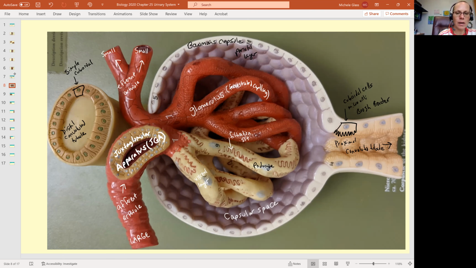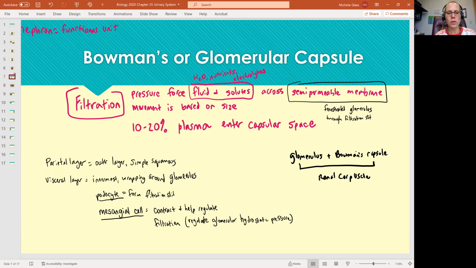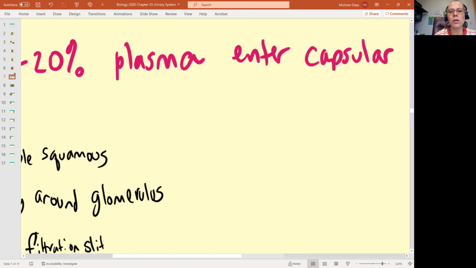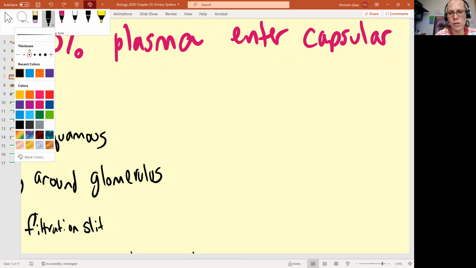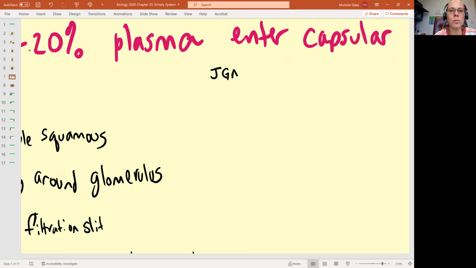Okay, so let's go back up to our notes on Bowman's capsule, and let's talk a little bit more about the JGA, Juxtaglomular Apparatus. Juxta, remember, means close to. So these cells are close to the glomerular capsule and the glomerulus.